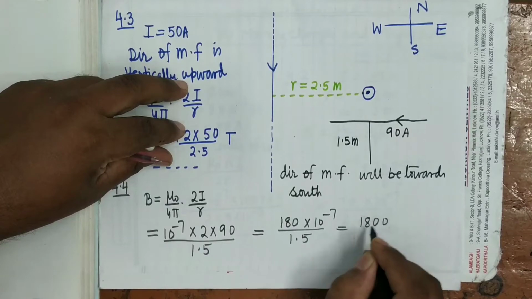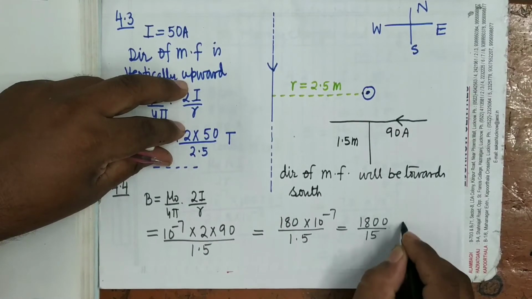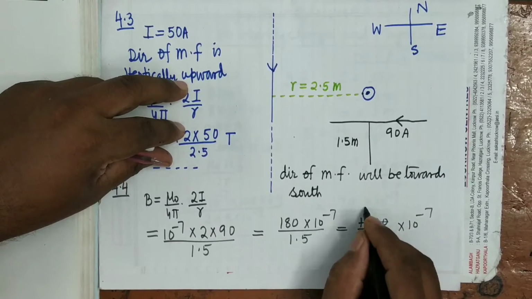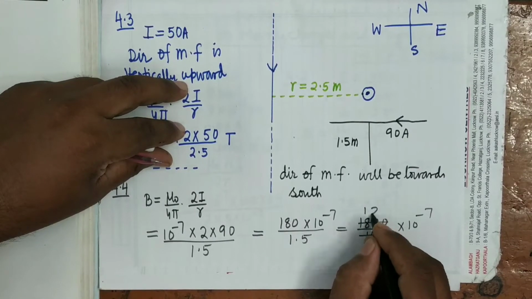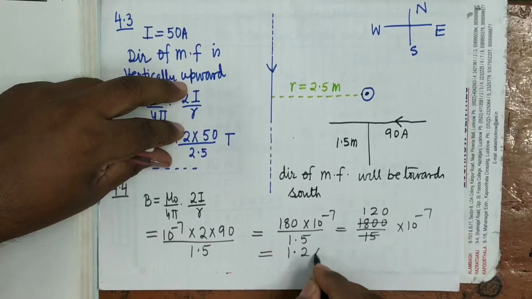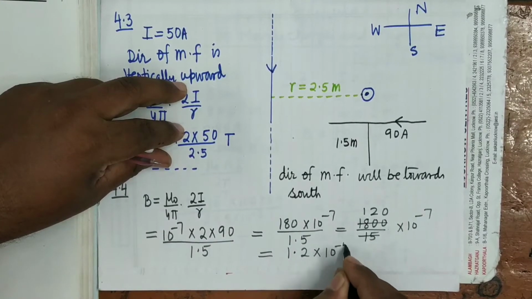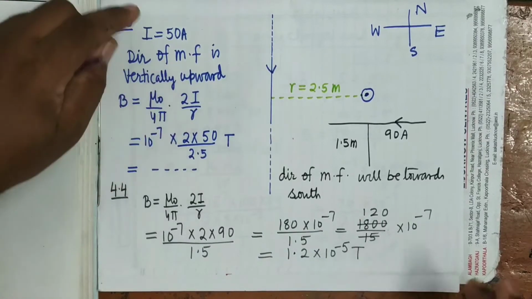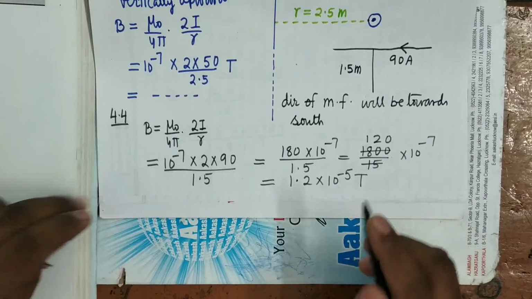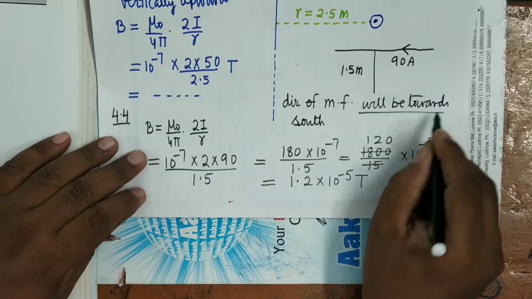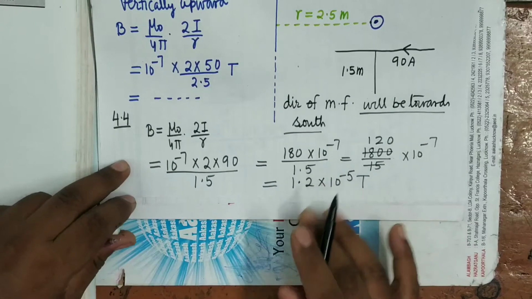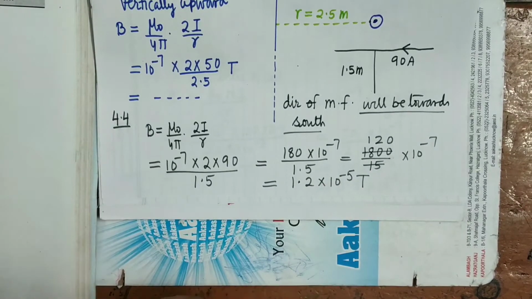So 1800 upon 15 into 10 to the power minus 7, which is 120, that is 1.2 into 10 to the power minus 5 Tesla. And the direction will be towards south. So this is question 4.4.